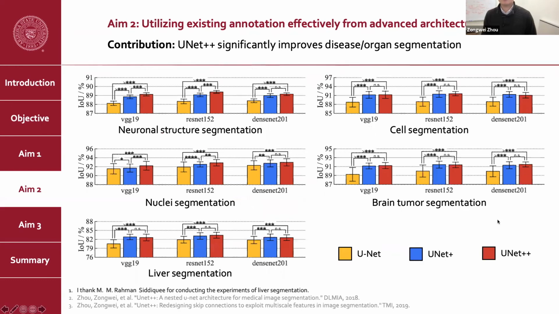We evaluate our UNet++ on 5 different segmentation tasks, including neural structure, cell, nuclear, brain tumor, and liver segmentation. The red bar is our UNet++, and the gray and the yellow one is the original UNet, and the UNet Plus here is the intermediate architecture.